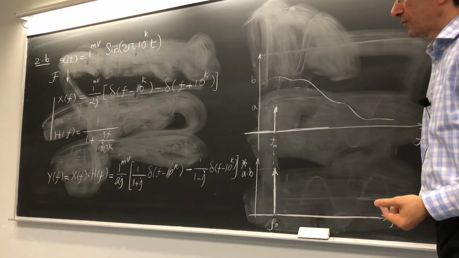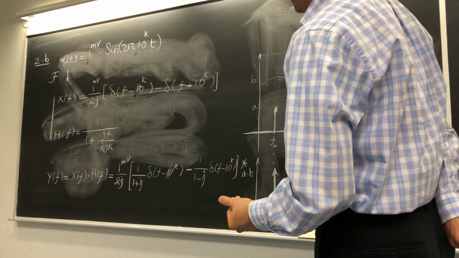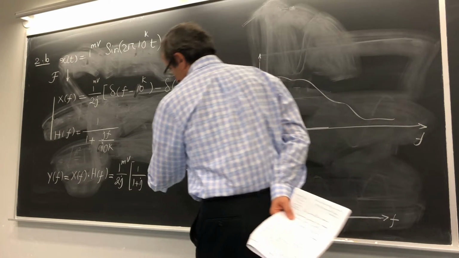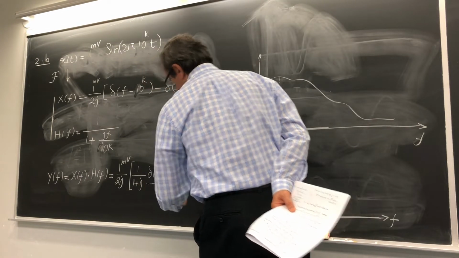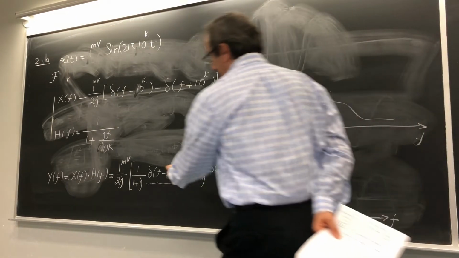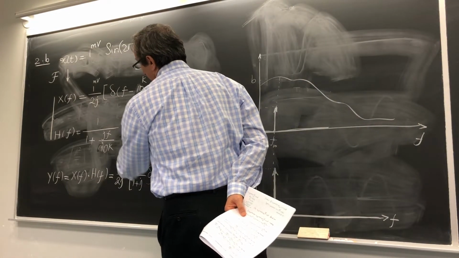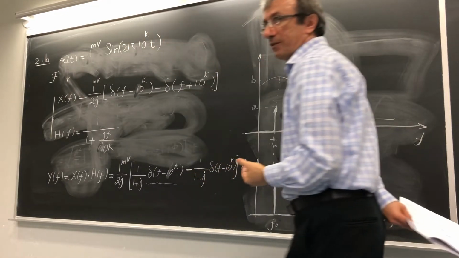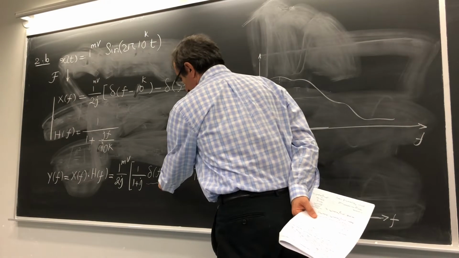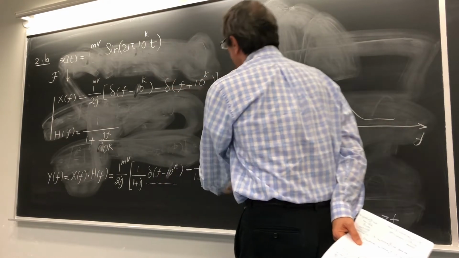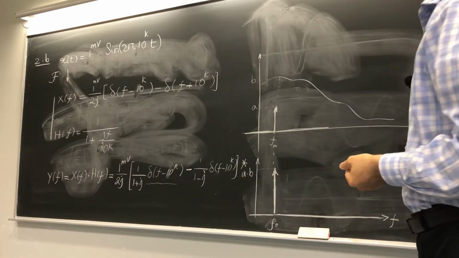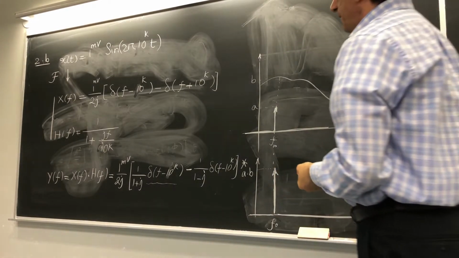Wouldn't one be plus and one be minus? So the two delta functions, wouldn't one be plus 10k, minus 10k? Where is this delta function located? At f equals 10k. So let's replace f in h of f by 10k. The second one would be located at f equals negative 10k.